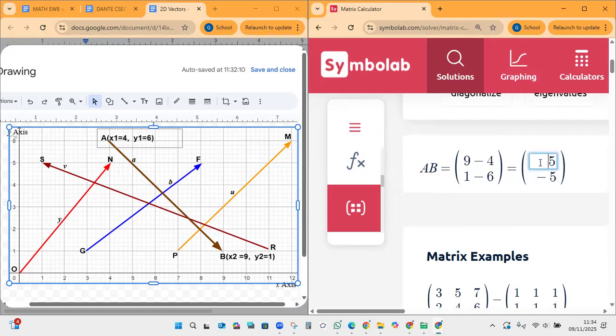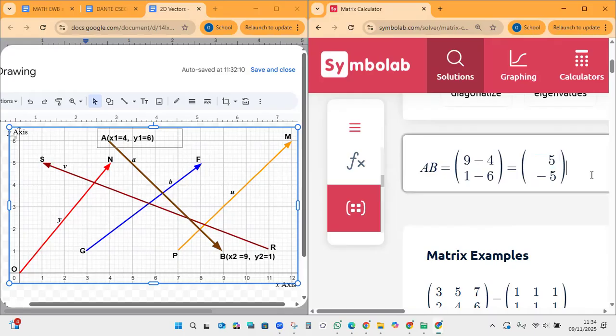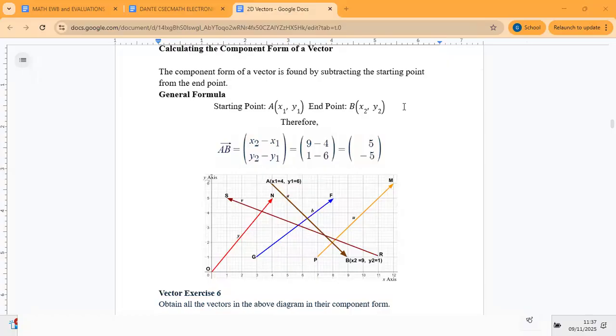So the component form of vector AB is 5, -5. Please recall, towards the right and upwards is positive, towards the left and downwards is negative.